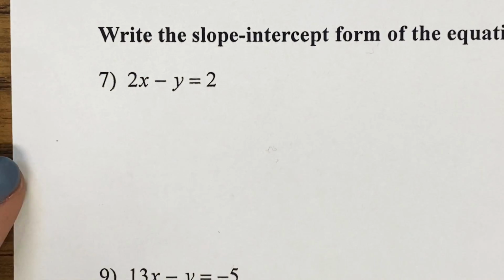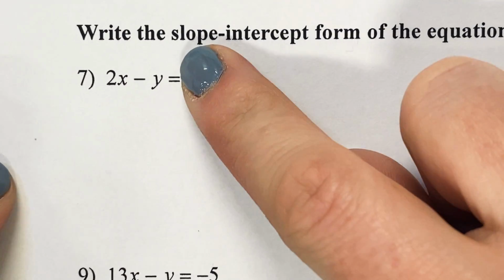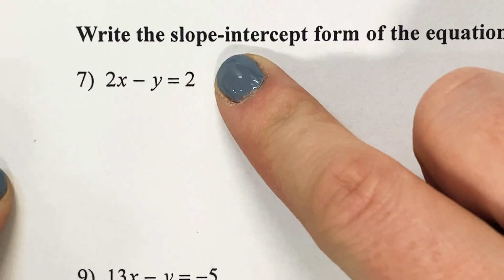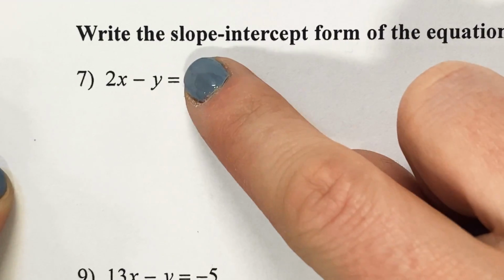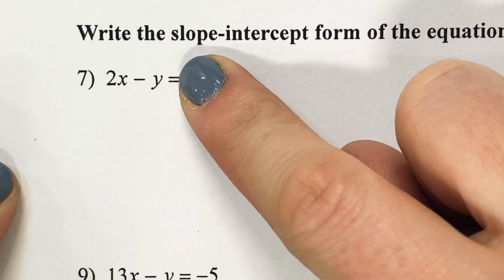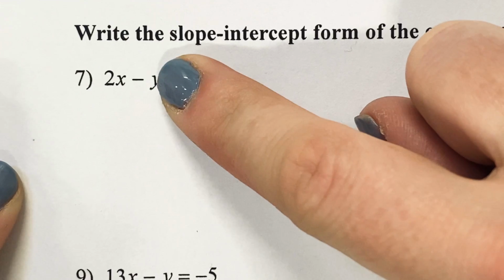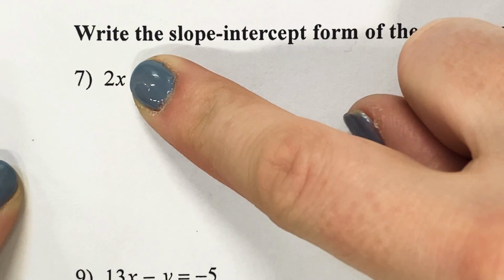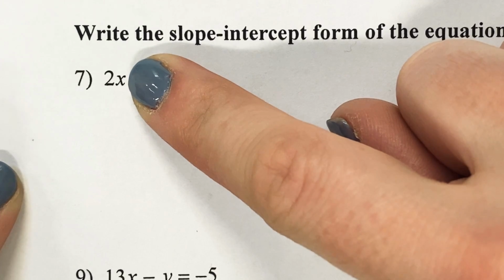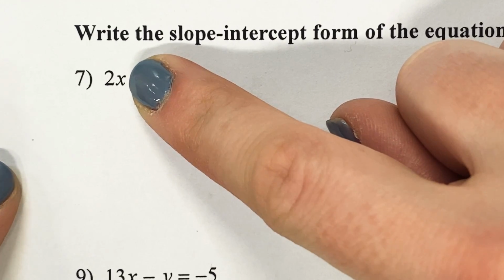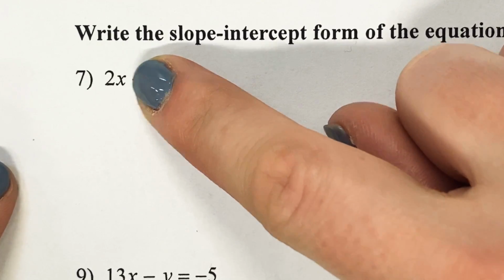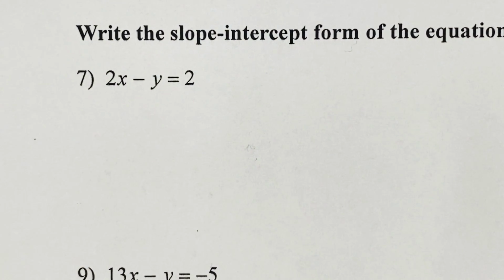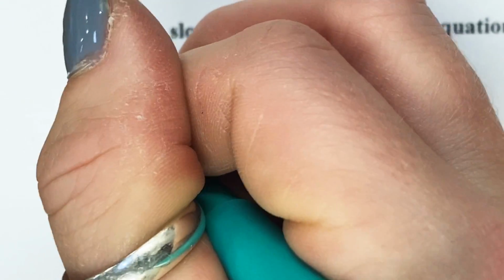If we zoom in on number 7, we're looking at our side with our y. We can ignore the 2 because it's already over there. I'm going to start with what's farthest away from my y, which is this positive 2x. What is the opposite of positive 2x? It's going to be negative 2x.